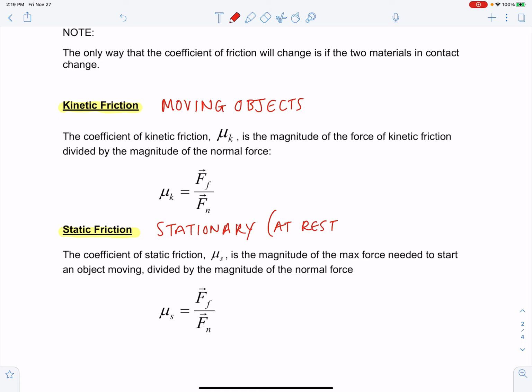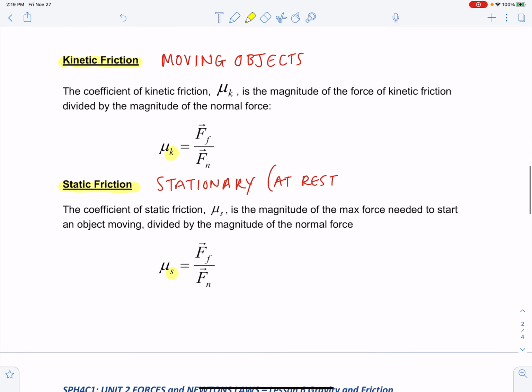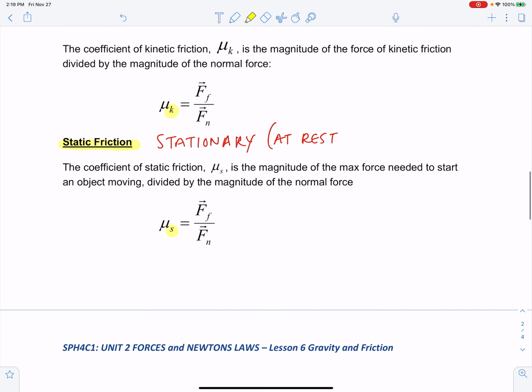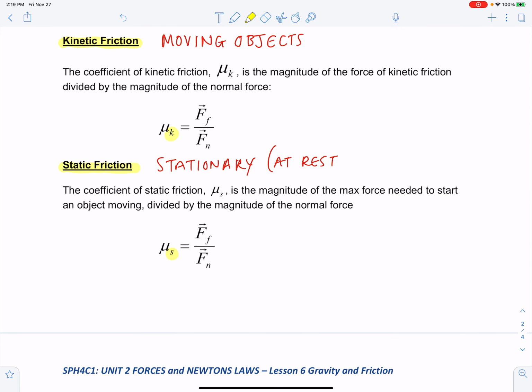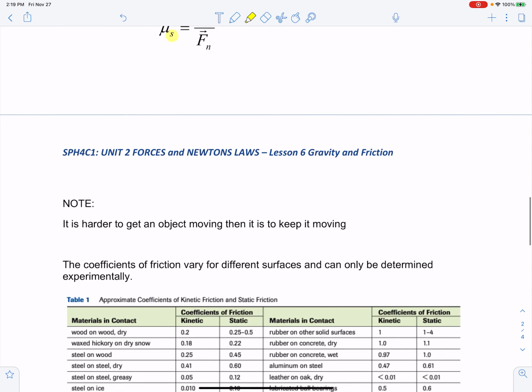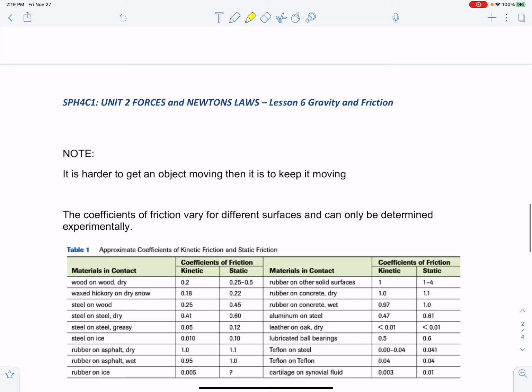The only difference is the coefficient for kinetic friction will be specific for objects that are moving, and the coefficient of static friction will be specific to objects that are not moving. In order to better understand this, it's best that we try some examples. Note, the reason why the coefficients are different for moving objects and objects that are at rest is because it's harder to get an object moving than it is to keep an object moving.